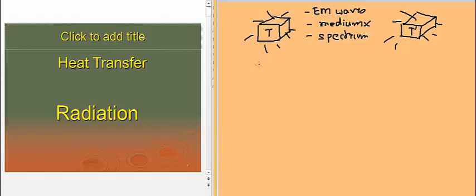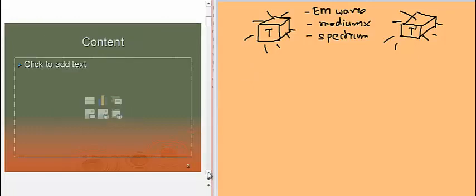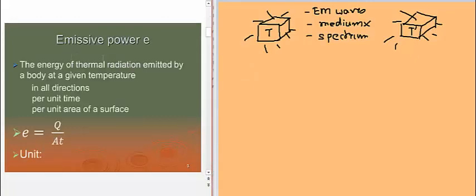In order to make these comparisons and measurements, we have a concept known as emissive power, denoted by a small e. And what is emissive power? It is the energy of thermal radiations emitted by a body at a given temperature, in all directions, per unit time per unit area of surface.